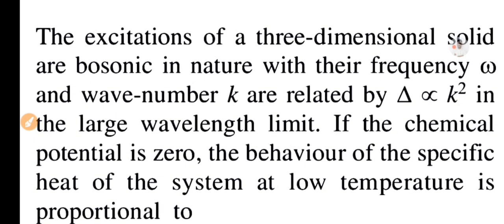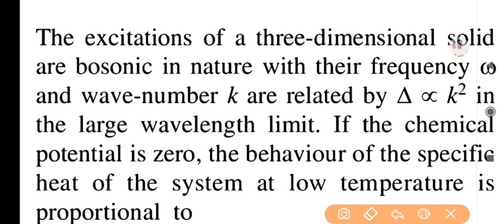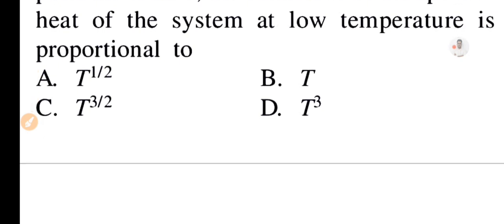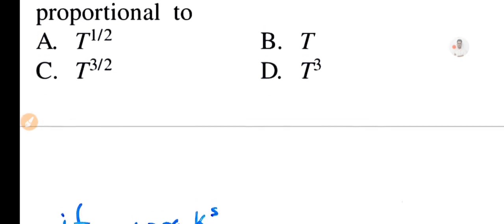The dispersion relation is omega proportional to k square. Now you can find the energy value from this dispersion relation and easily find the Cv value, but that calculation is quite large and time consuming. So I will give a very easy trick for this question.